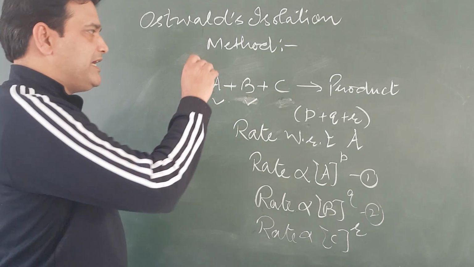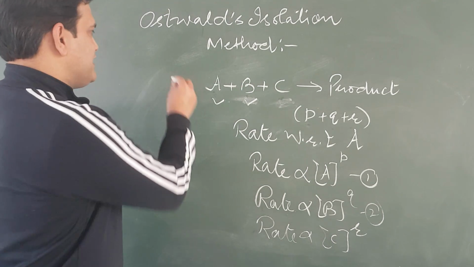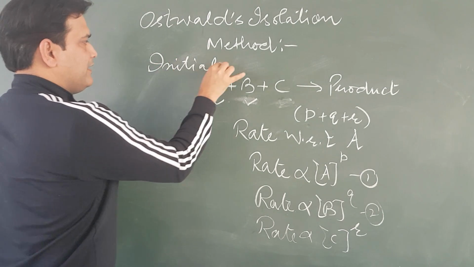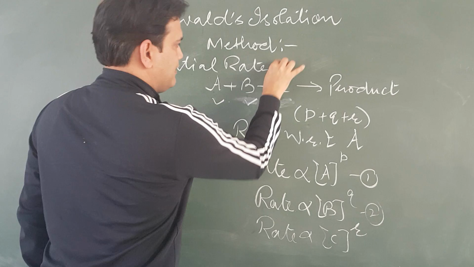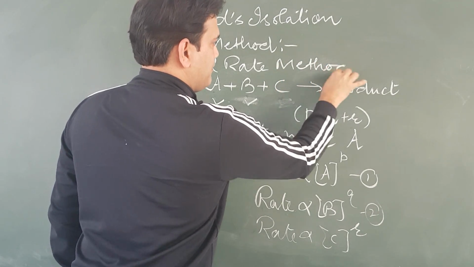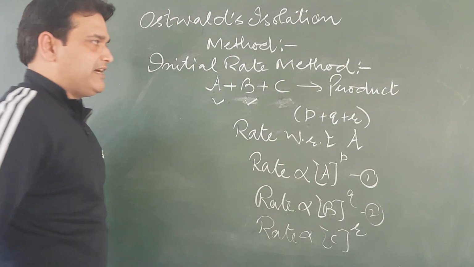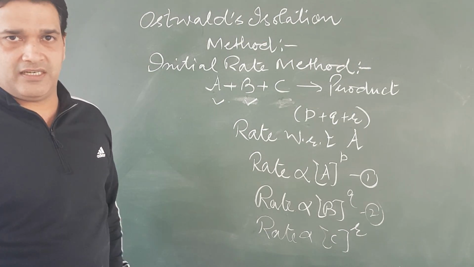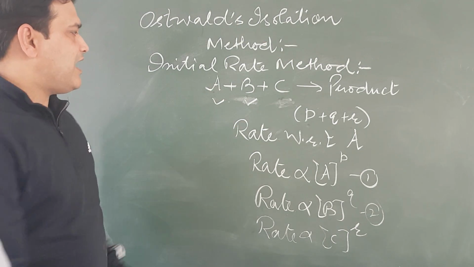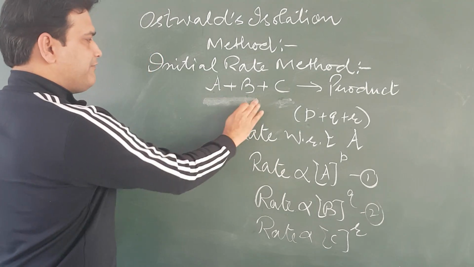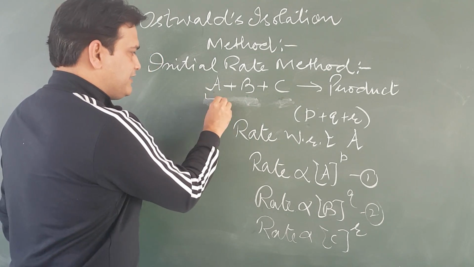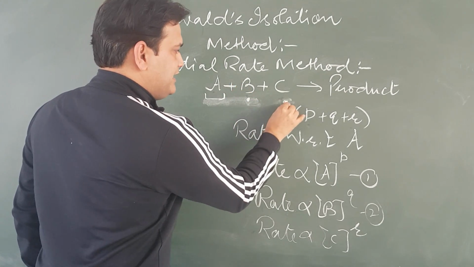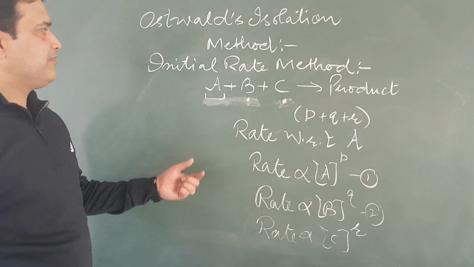Now, there is another method which is called the initial rate method. This is very much similar to Ostwald's isolation method. In Ostwald's isolation method, if we want to calculate the rate with respect to A, then B and C are taken in excess.